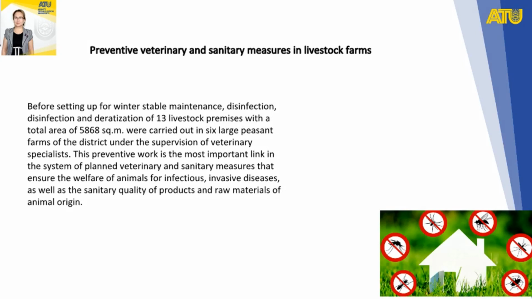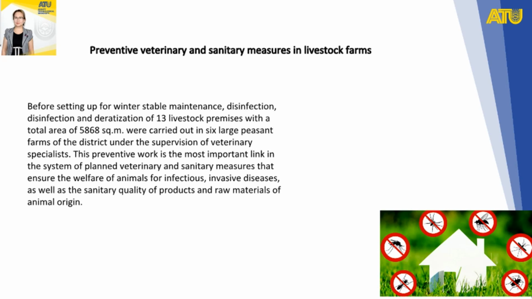Preventive veterinary and sanitary measures in livestock farms before setting up for winter stable maintenance. Disinfection and deratization of 13 livestock premises, with a total area of 5868 sq.m, were carried out in 6 large peasant farms of the district, under the supervision of veterinary specialists.